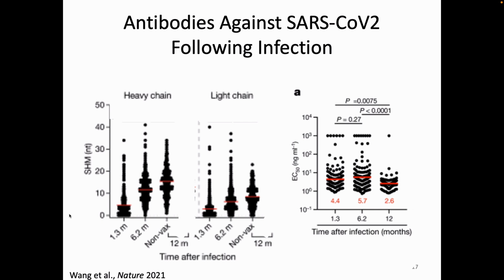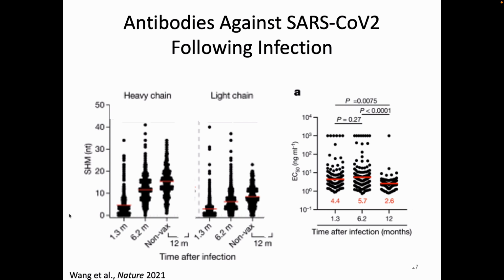Yeah, you have fewer antibodies, but they're better. Their quality's way better. And this is actually basically a binding strength, or it's getting at how quickly the antibodies dissociate, or the effective concentration, how much antibody you need to inhibit. Lower is better here.